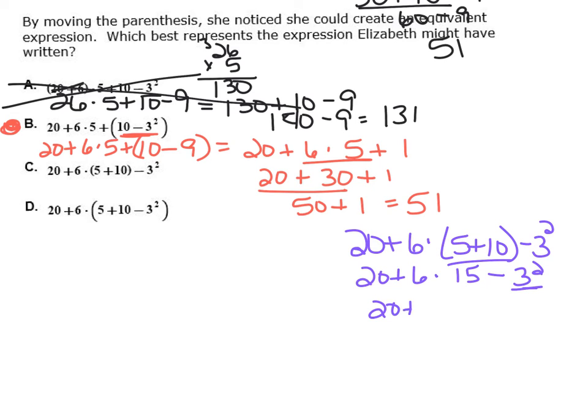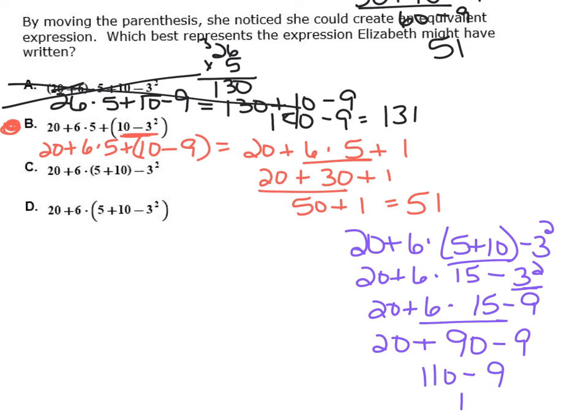Exponents now: 20 plus 6 times 15 minus 9, because 3 times 3 is 9. Then multiplication, so 6 times 15 is 90. 20 plus 90 is 110, minus 9, that's 101.